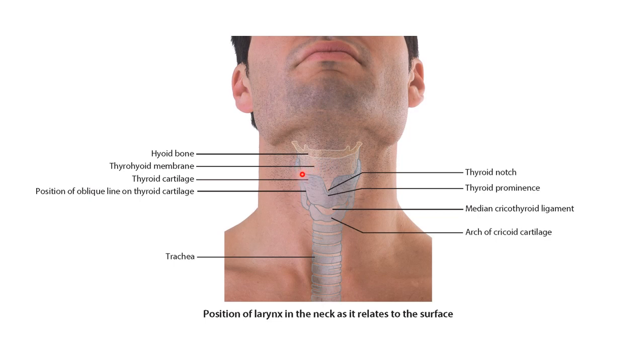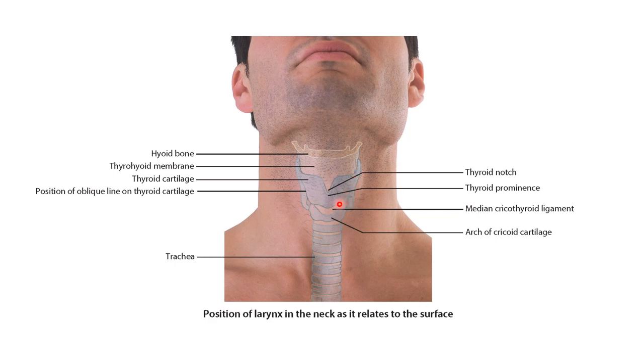This is the thyroid cartilage, and it meets anteriorly and in the midline to produce the thyroid prominence, otherwise known as the Adam's apple. There is also a depression going inferiorly of the thyroid lamina, and this is your thyroid notch. Okay, and then this is an oblique line on the thyroid cartilage.